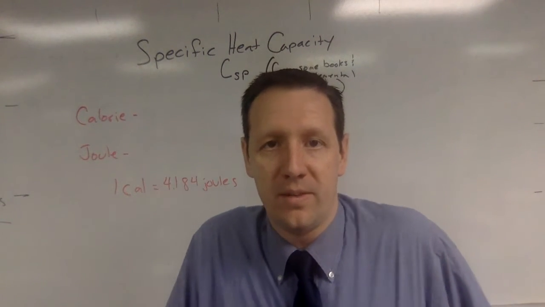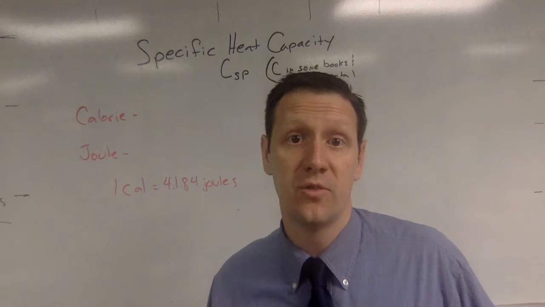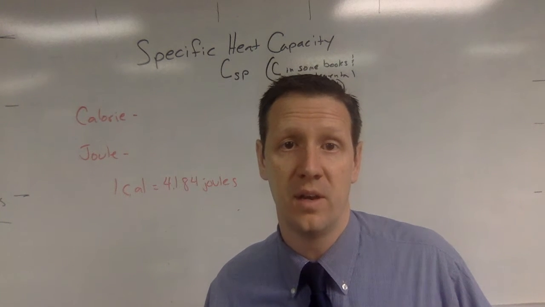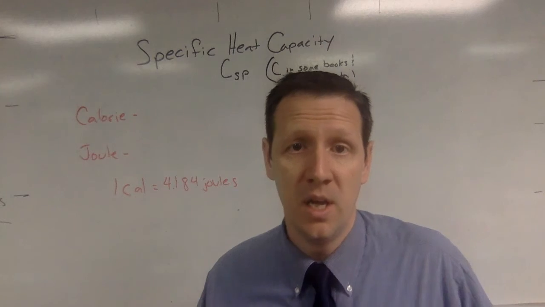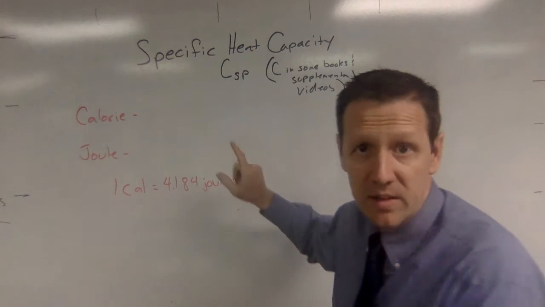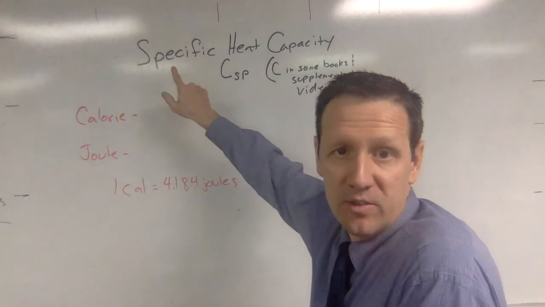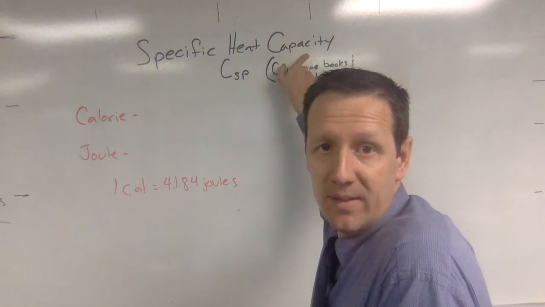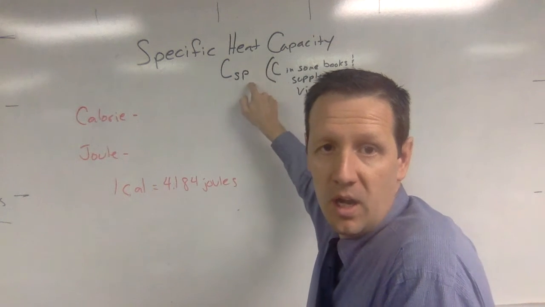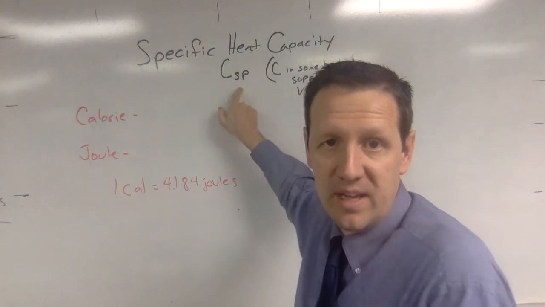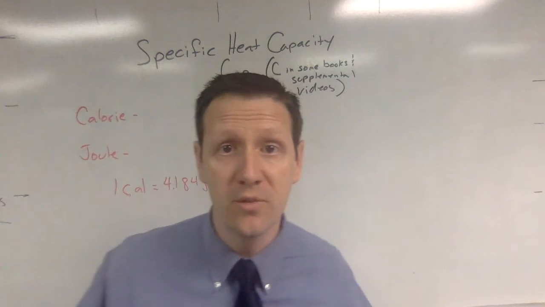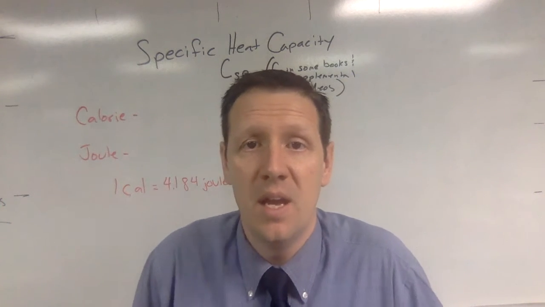Welcome to the last video of this first lesson here on thermal energy from chapter 21. Today, in this last little video, we're going to talk about specific heat capacity, right? A shortened symbol for it is CSP. There's actually a formula for calculating the specific heat capacity.